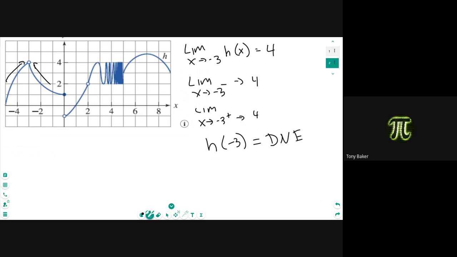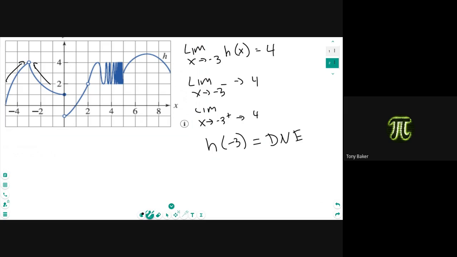So, next part of this question, you already actually answered it. You said it's not continuous at that point, correct? Which is good. We know it's not continuous at that point. Now, is it a removable discontinuity or is it a non-removable discontinuity? It's removable because we can come up with the value at that point.